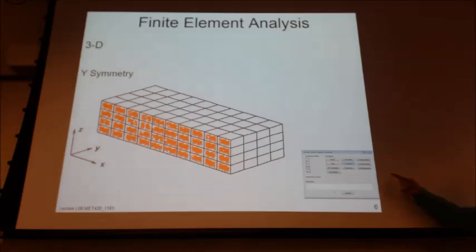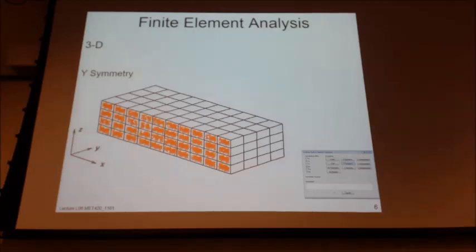That's why the software calls this Y symmetry, because anything along the y-axis in either the plus or minus y direction is symmetrical about the XZ plane. Since I cut this model in half, and the XZ plane is my plane of symmetry, my normal axis is the y, so that's my Y symmetry. That's how it's defined in the software.